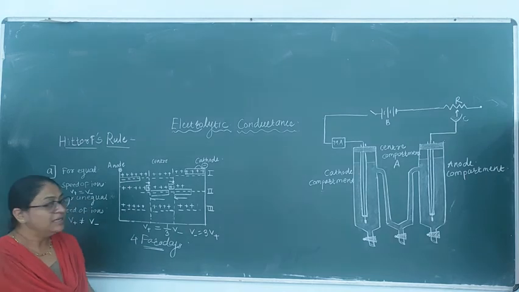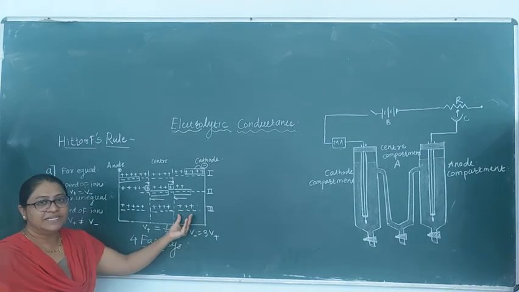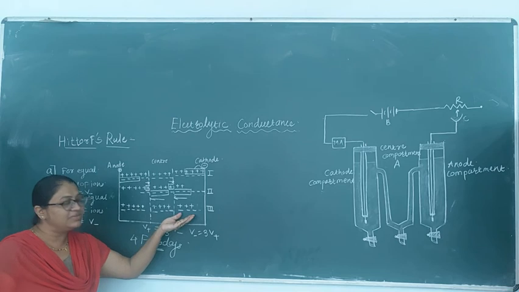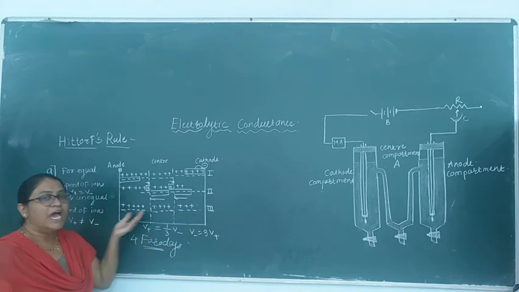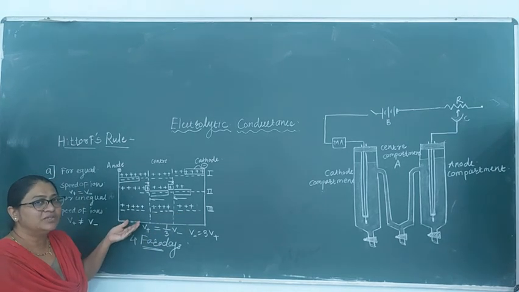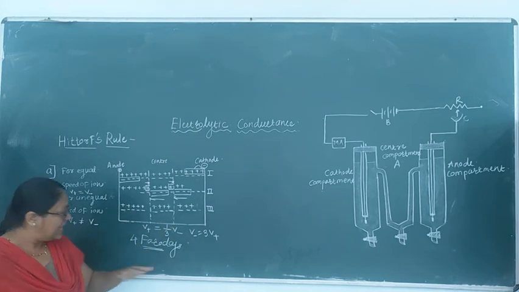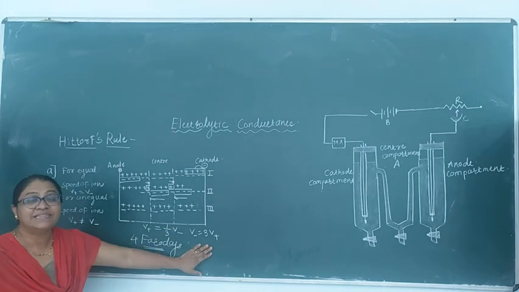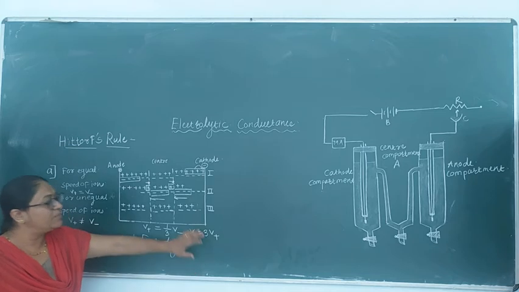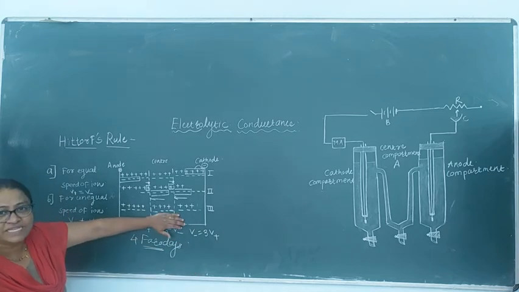That means the change in concentration in the cathode compartment is 3 times the change in concentration in the anode compartment. As the speed is, in the same proportion as their speed, the change in their concentration has occurred.